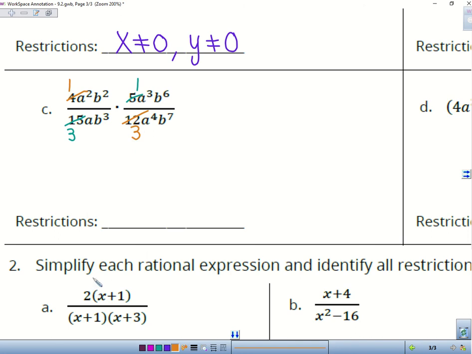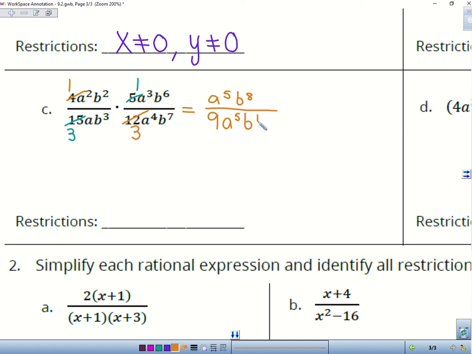And you can actually do this with variables as well. I just find that it's easier to do it later, but you really can do it that way too. So on the top, I'm going to get 1, right? I don't need to write that though. I'm going to get a to the 5th, b to the 12th, no, 8th. Remember, you add, not multiply. Oh, yeah. That's okay. b to the 8.